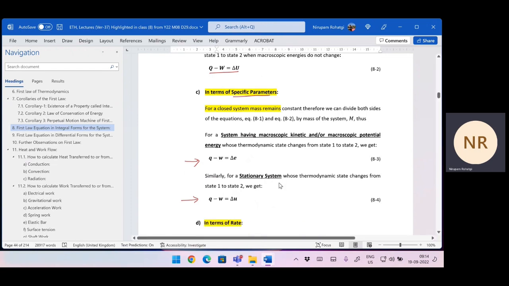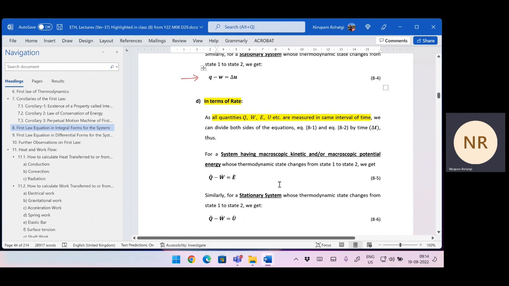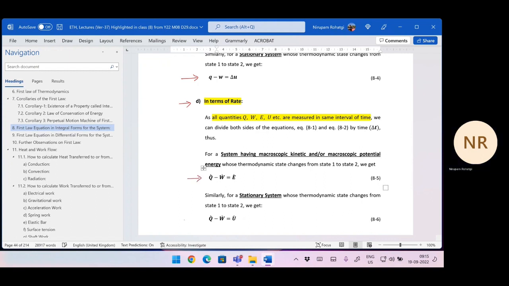Okay. Then you can also divide by time. So then we will get in terms of rate. So the same equation, because time is same for all the energies, whether you are talking about Q, W or delta U or delta E, the time interval for all of them are same. So you can divide by the same time interval, you will get the rates, and for the stationary you will get this. Okay.